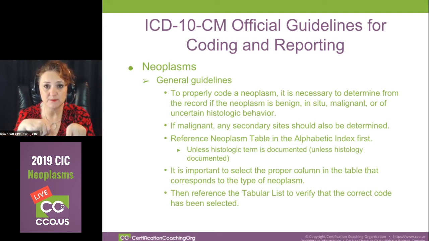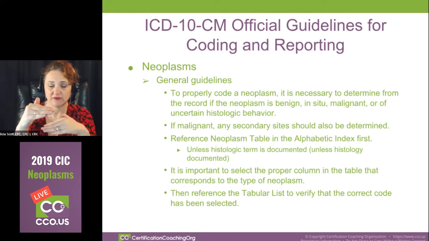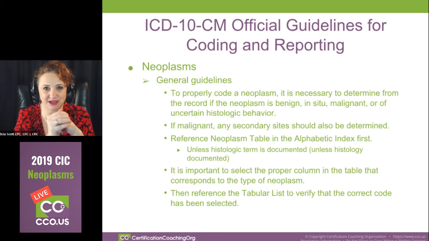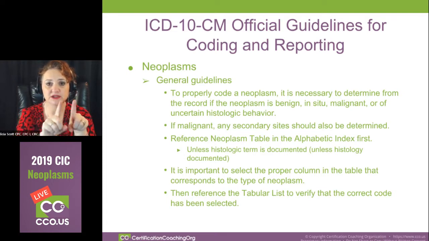So you're going to go find the body site. Let's say it's lung cancer, and you can have lung cancer in different parts of your lung. It's very, very specific. It gets to a really high level. You have to know your anatomy to be able to do this properly. So let's say we have lung cancer of the lobe, and the table is divided up.